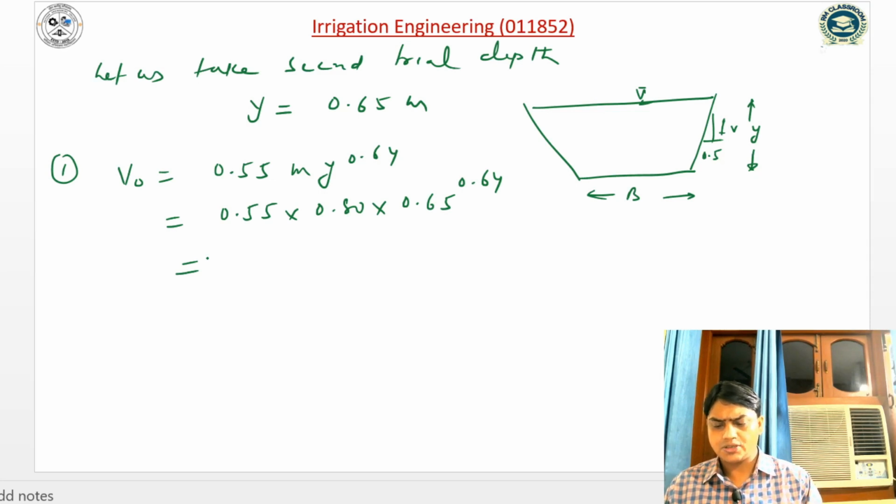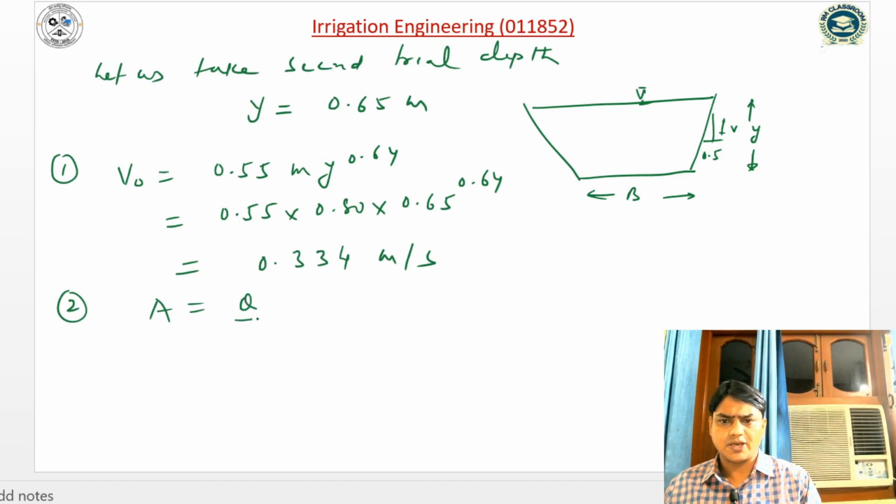So it is coming 0.33 meter per second. Second step is area. So area is Q by V naught. So 5 divided by 0.334. So it will be 14.97 meter square.